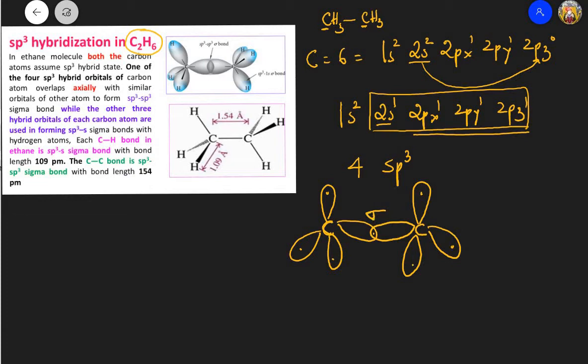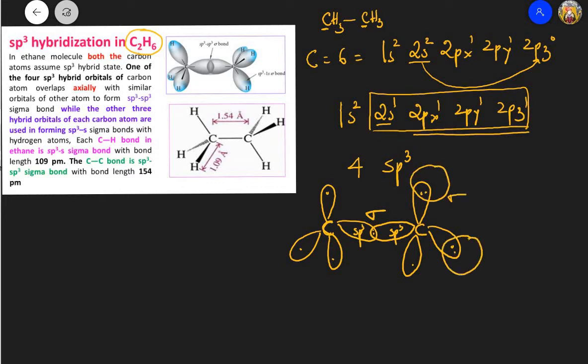When the sigma bond is formed, one sp3 hybridized orbital will be donating 1 electron and the remaining sp3 hybridized orbital will be donating 1 more electron. So this is a sigma bond between carbon and carbon. The remaining sp3 hybridized orbitals present on each carbon atom will be overlapping with the 1s1 orbital of hydrogen to form sigma bonds.